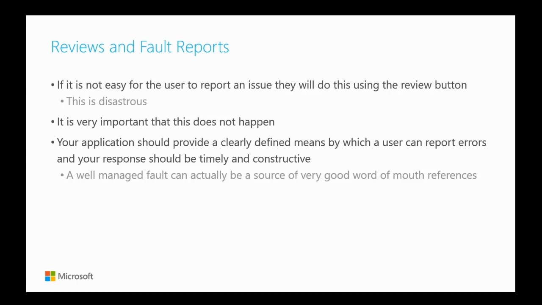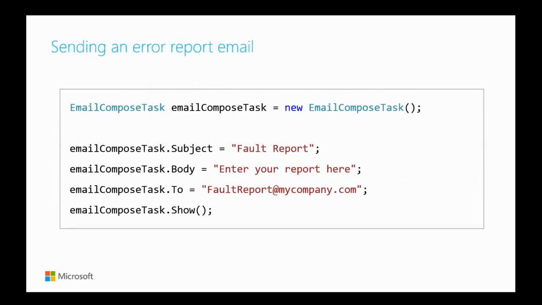If you find an issue with my app, please report it using this method. And it's actually quite simple to do. It can be 5 lines of code to send an email that's a template that helps the user enter the information.